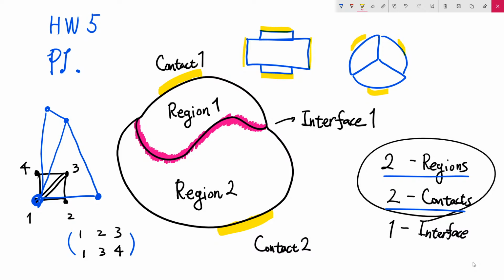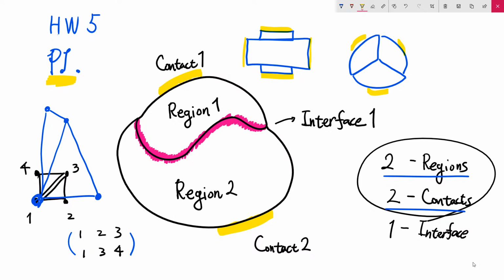That can be possible. So in problem 1, just test as many general structures as possible. Please convince yourself that your code is really working well with multiple regions and multiple contexts, as much as the structure is reasonable.